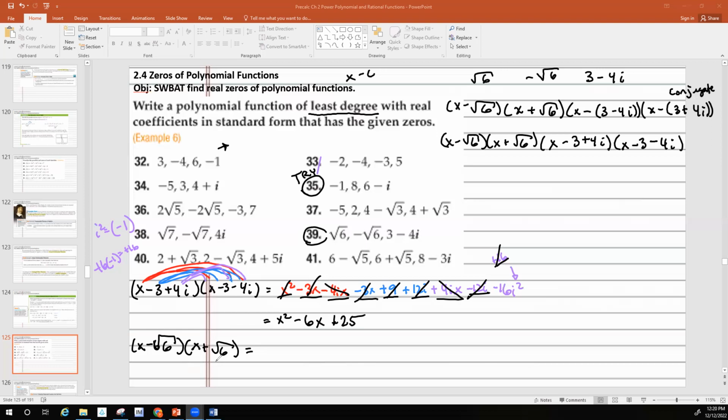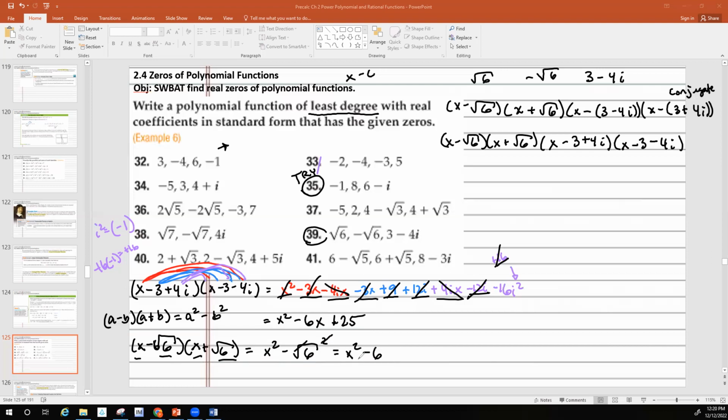So whenever you have a minus b times a plus b, that's going to be equal to a squared minus b squared. So this one is going to give us x squared. That's our a, and then our b is square root of 6. So x squared minus square root of 6 squared, which is x squared minus 6.